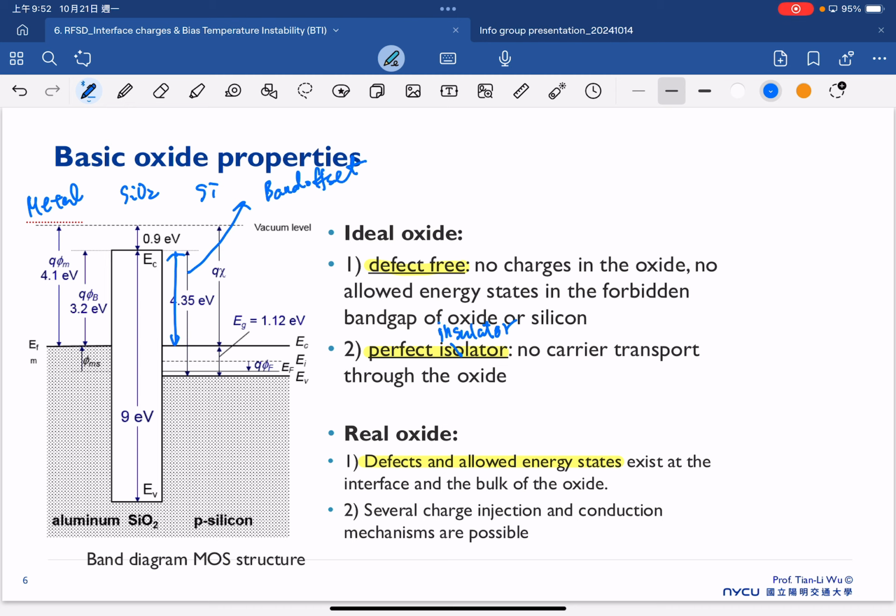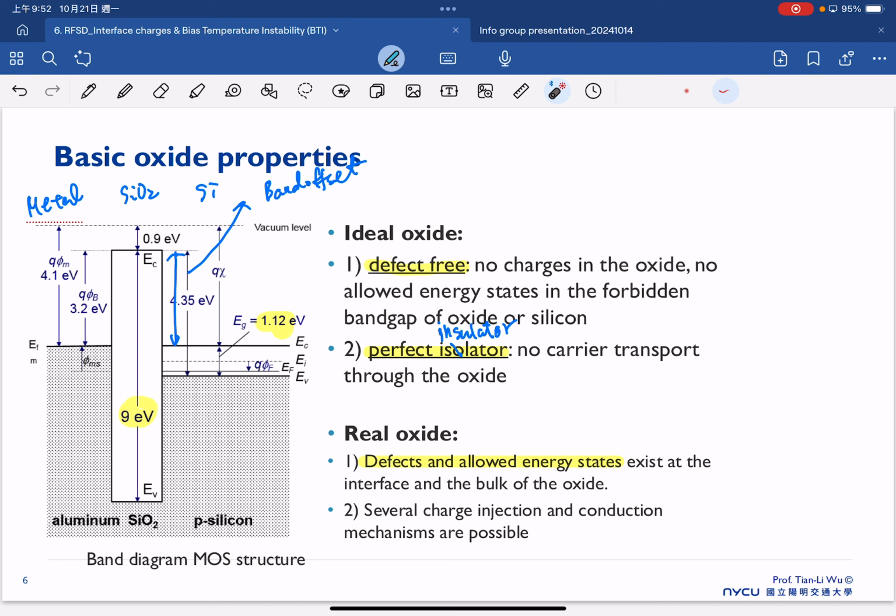As already described, SiO2 has a band gap of 9 electron volts, and silicon has a band gap of 1.12 electron volts. That means we have a very large band offset here.